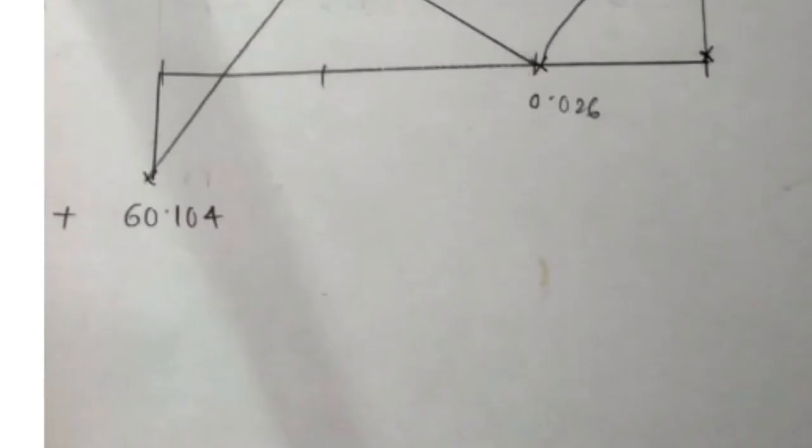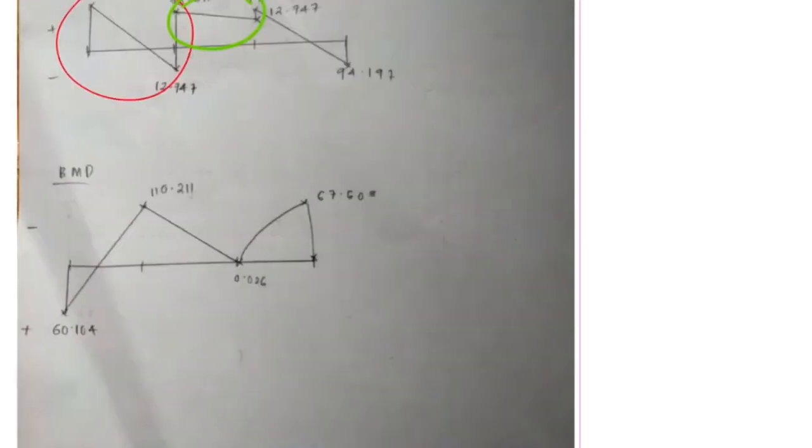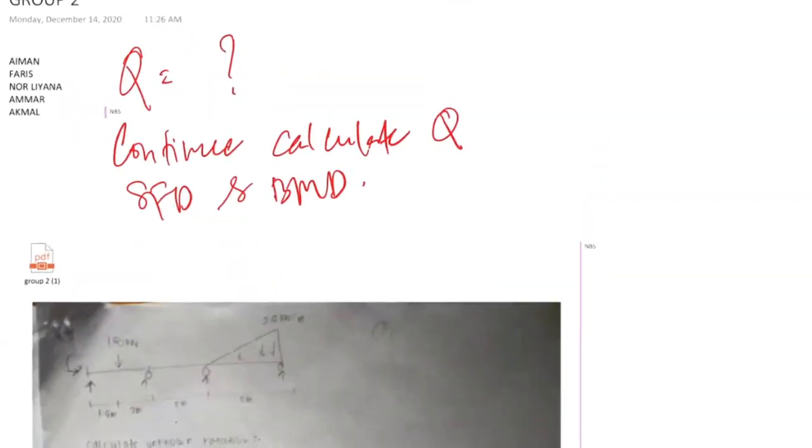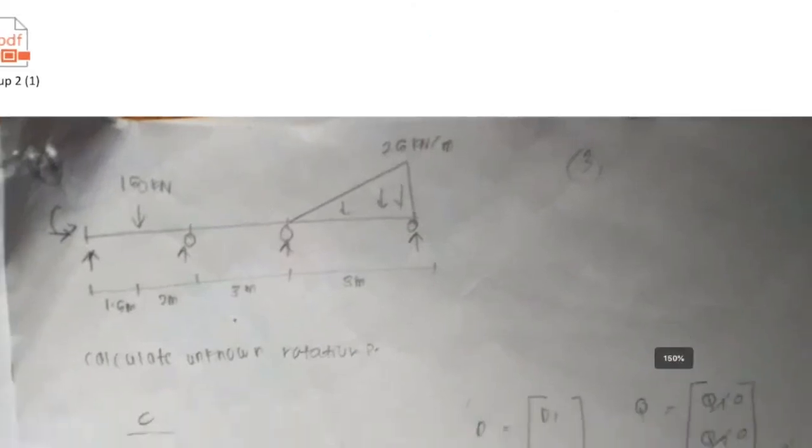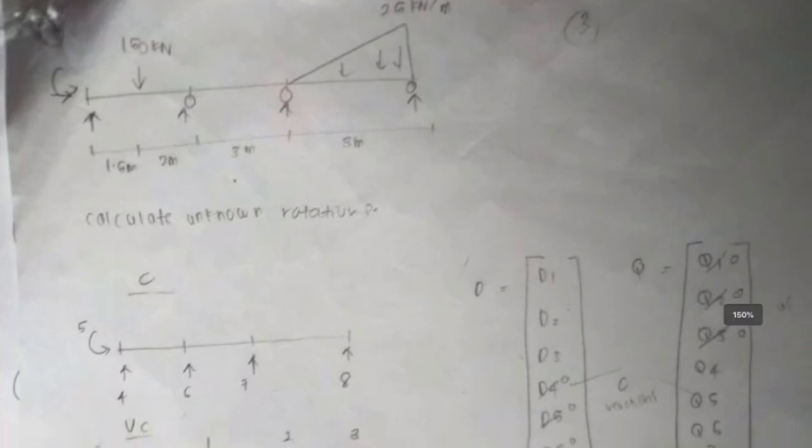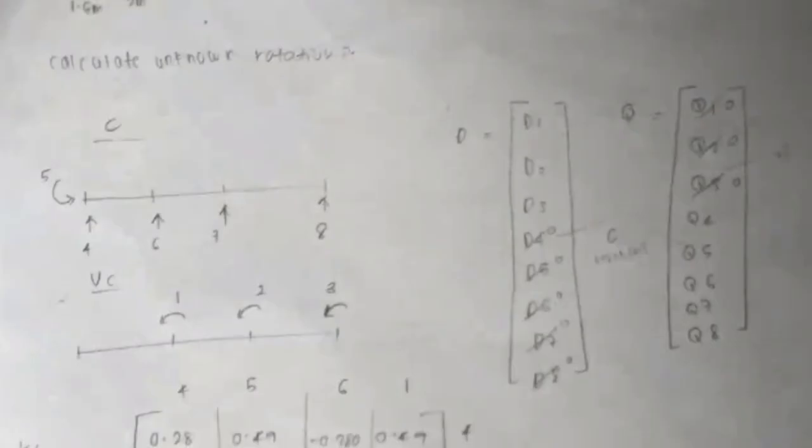Where is the solution? Let's discuss it together. To calculate the unknown, again the question is the same. We need to calculate the unknown displacement, so we must label it correctly, constrained and unconstrained.